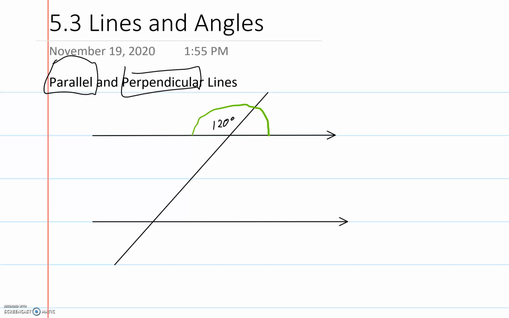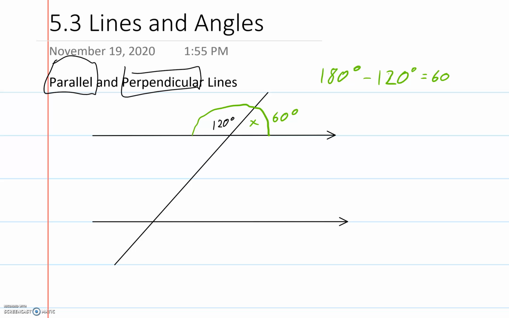And since that's a straight line, it's got an angle of 180. And so this is actually an exterior angle, is 180 minus 120 degrees, which is 60 degrees. So this here is 60 degrees.